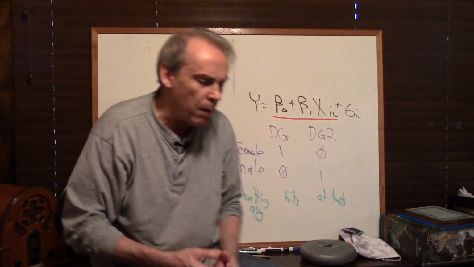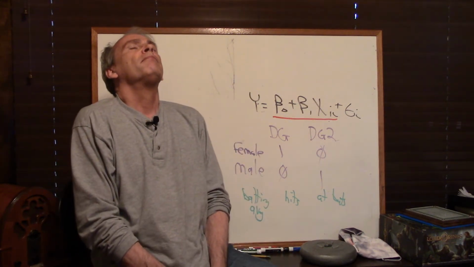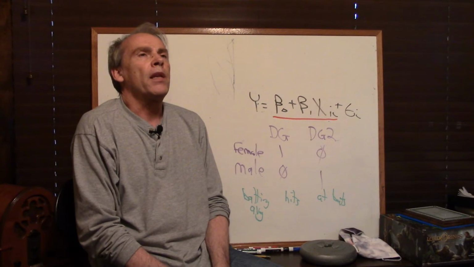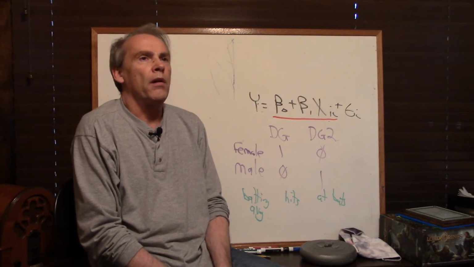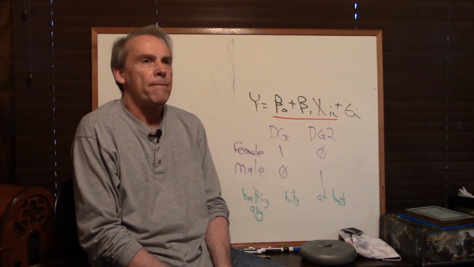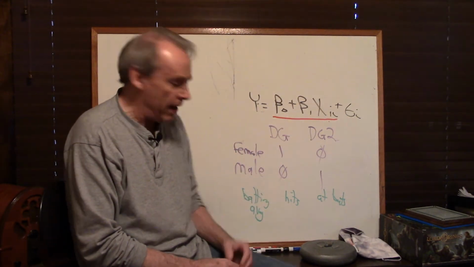Now, the last part of this chapter brings something up that is going to be important for the rest of the semester. And that is the sampling distribution of beta hat. All right?